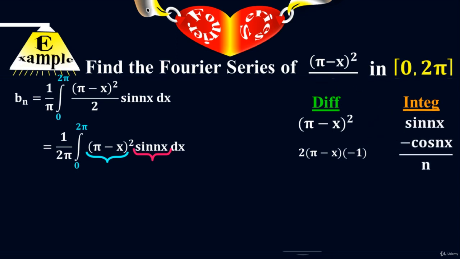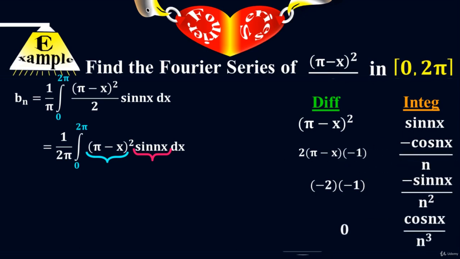Derivative of this term equals minus 2 times minus 1. Integration of minus cos nx over n equals minus sin nx over n square. Derivative of this term equals 0. Integration of minus sin nx over n square equals cos nx over n cube. I stop the process here because I got 0 at the end for the differentiation panel.